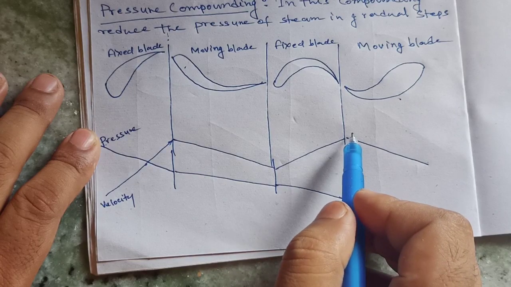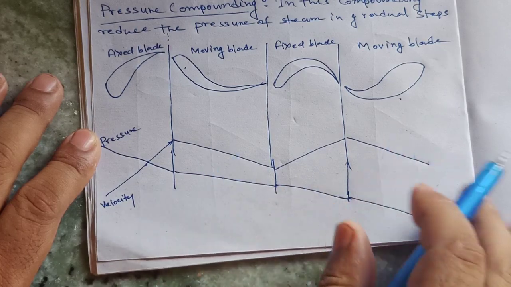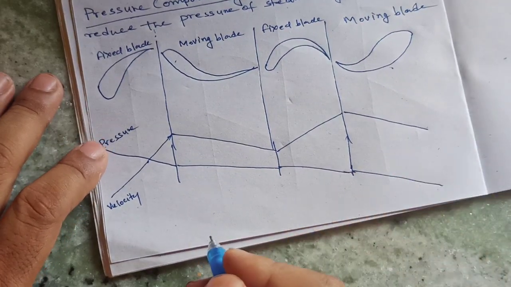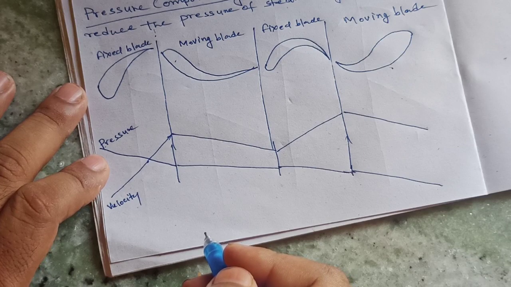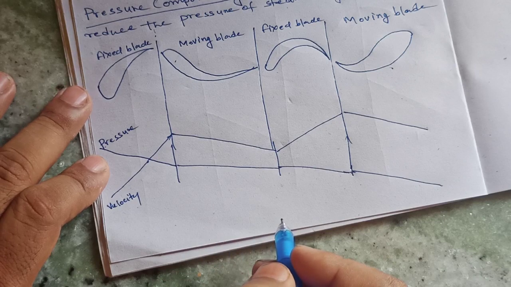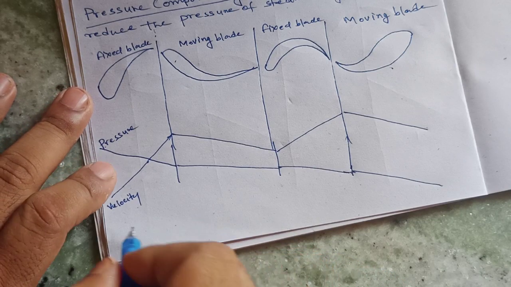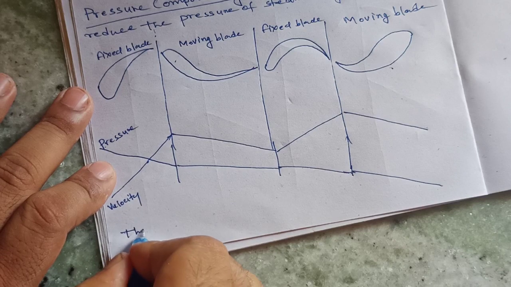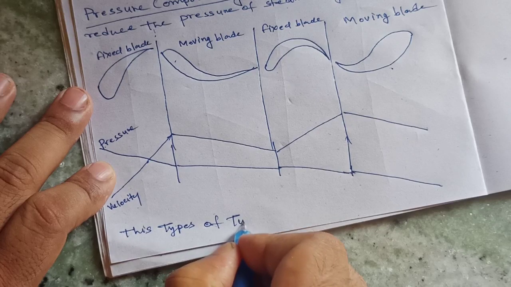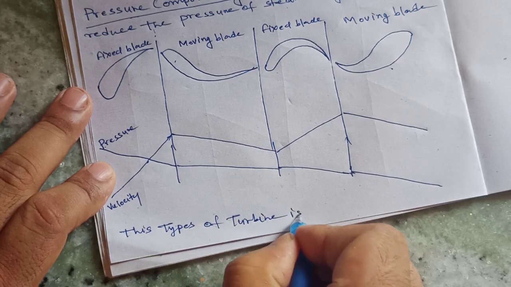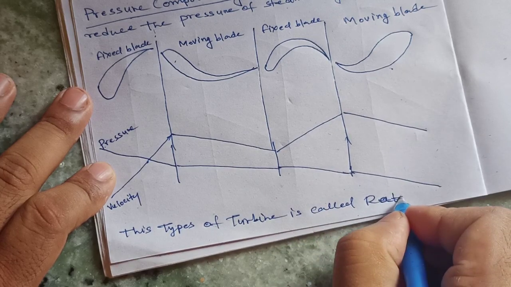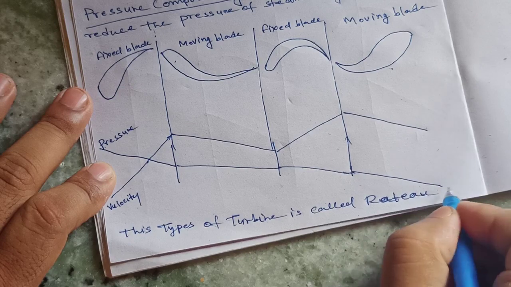So this type of turbine is called the pressure compounding turbine, and when the turbine is arranged with pressure compounding, then this type of turbine is called the Rateau turbine.